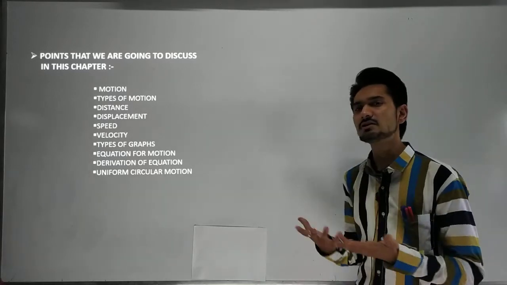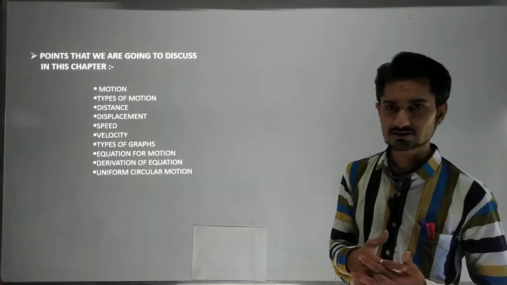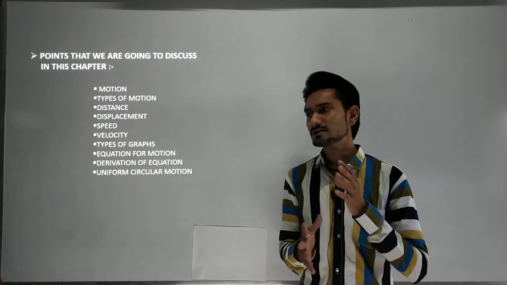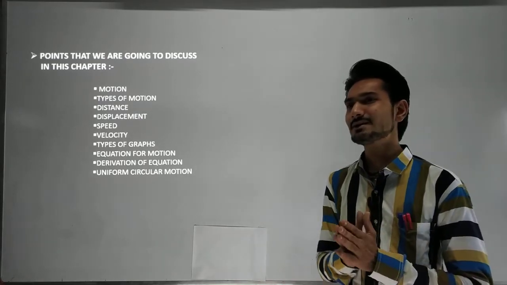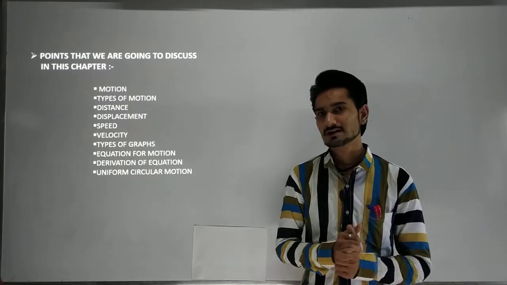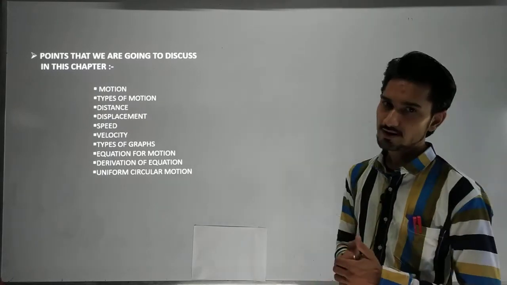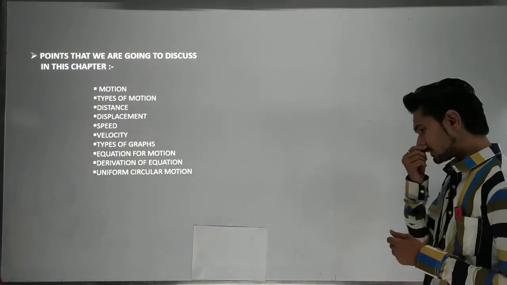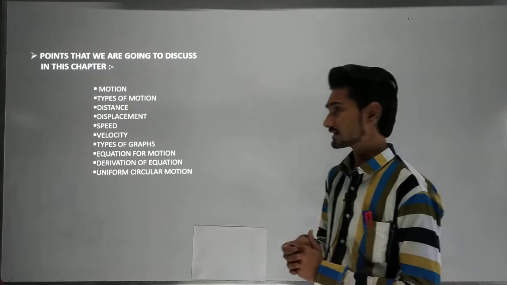It does not require any kind of direction. If a quantity can be represented by both magnitude and direction, then it is considered a vector quantity. So we have studied scalar and vector quantities.